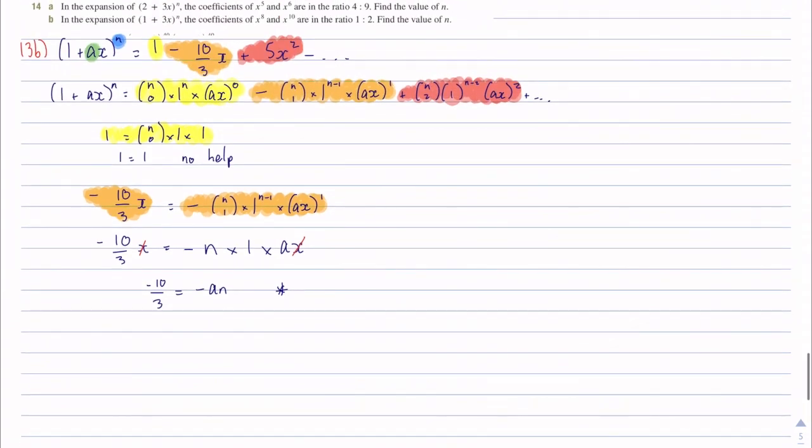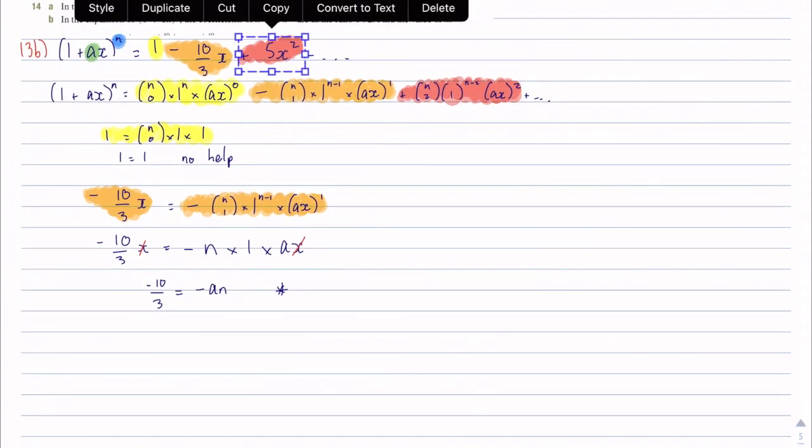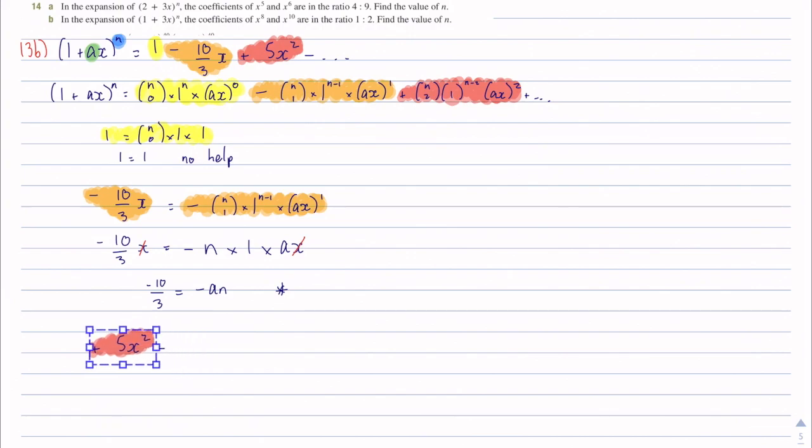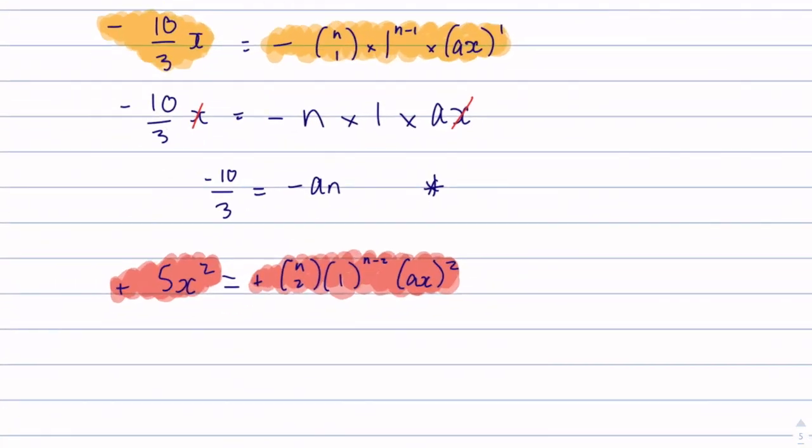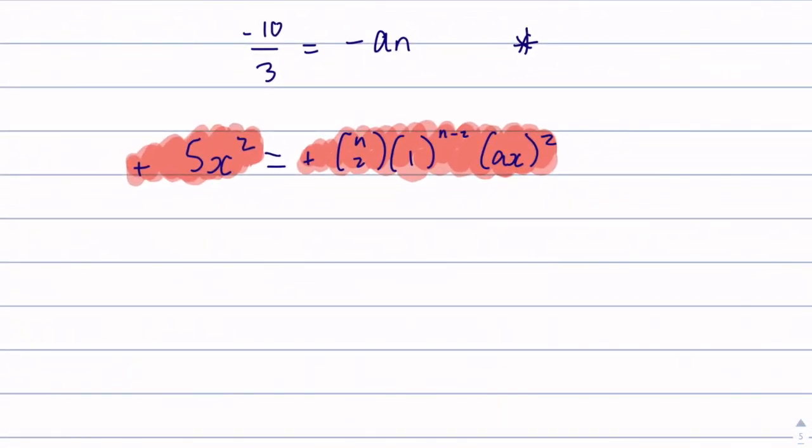Let's do the same with our reds. We've got this 5x² equals this whole thing. So we've got 5x² equals nC2 times, well, 1^(n-2) is just 1, times a²x².